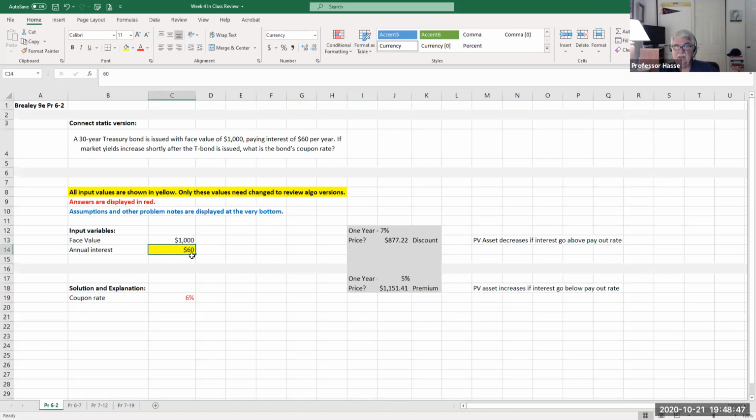But at the same time, sometimes they have to sell it in the market. Just like stock, they have to sell it in the market. Well, the market will dictate the value of that bond in comparison to the actual payout it's paying. And this is called market yield.